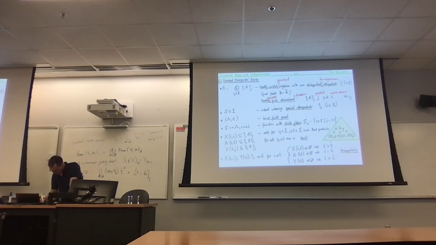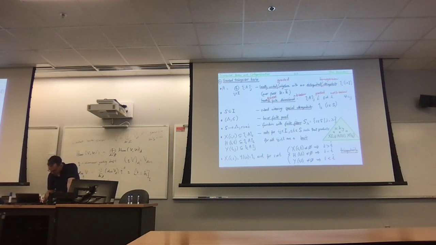Remember we had this triangular basis, which were these products X, H, Y, where X was like upper triangular, H was like diagonal, and Y was lower triangular, with respect to this partial order that we had around. That was my triangular basis, and the triangularity axiom was that very easy thing to check, and then we were in business.